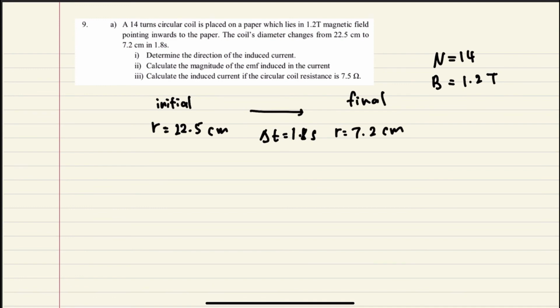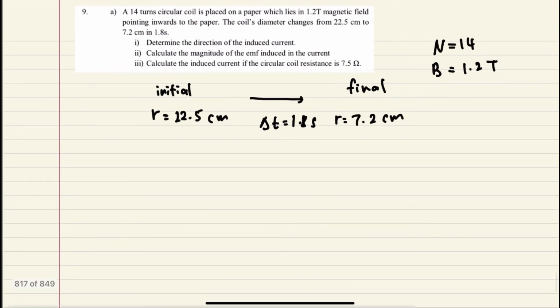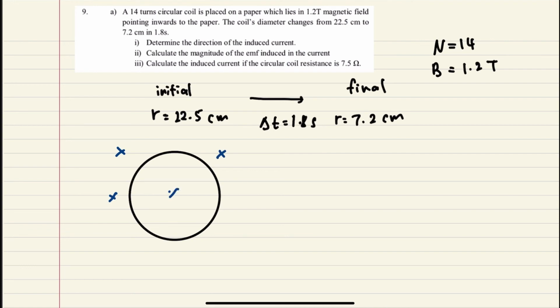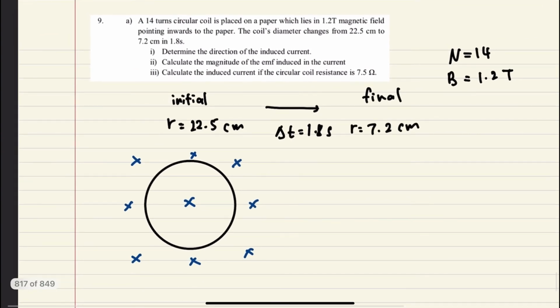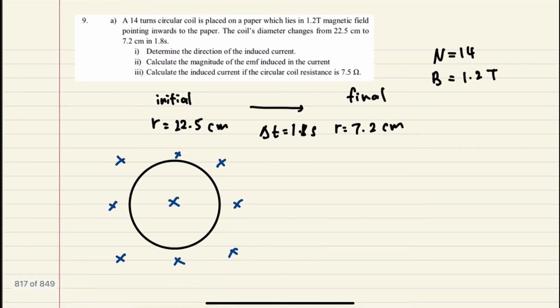Okay, so it says circular coil is placed on a paper. So let's say this is my circular coil, placed on a paper. Magnetic field inwards into the paper. So if the diameter decreases, that one is the initial one, and the final diameter is here.